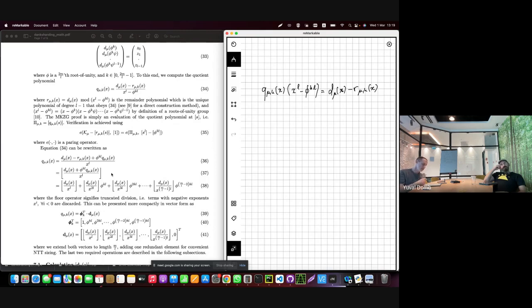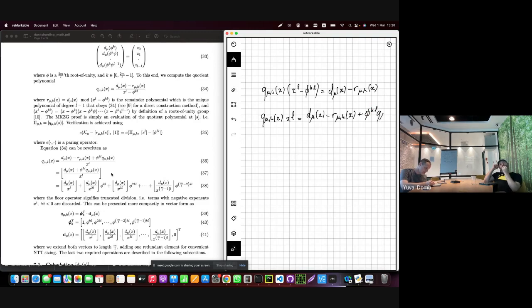If this is true, then we can do the following. We can say q_k of x, and I'll take advantage of the ability to move things around: d mu of x minus r_k of x, plus this bit from here.